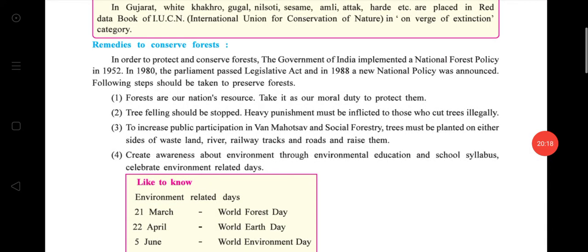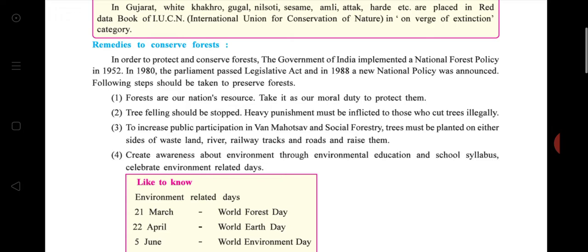Okay, first point, forests are our national resource. Take it as our moral duty to protect them. We all know it is the nation's resource, and also it is natural. In the textbook, the word natural is not used, but I like to use this word for forest because natural forest is also the nation's resource and also natural.